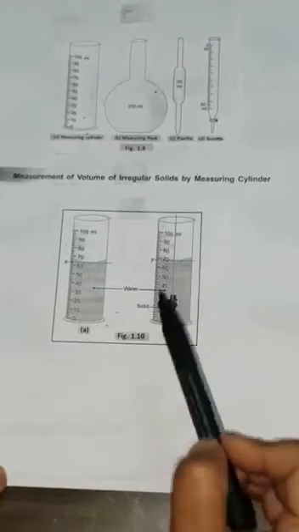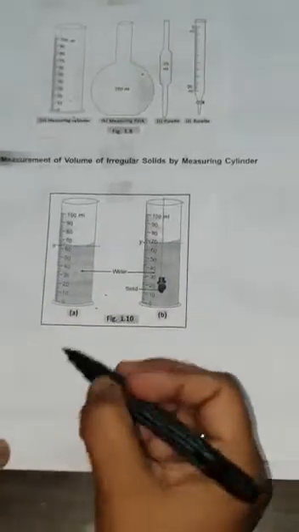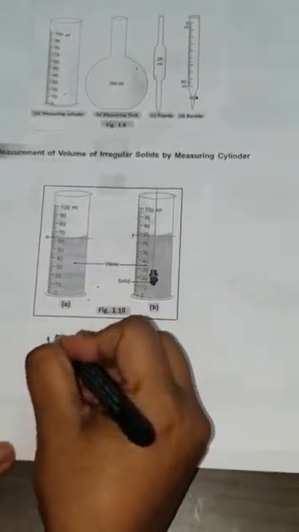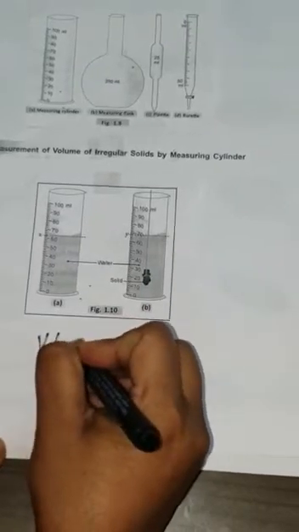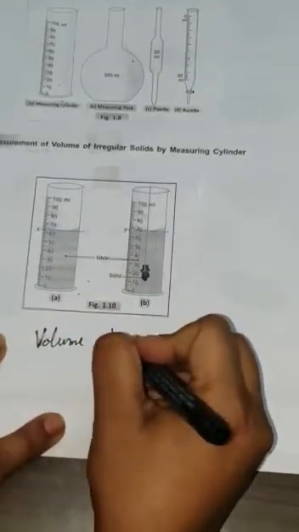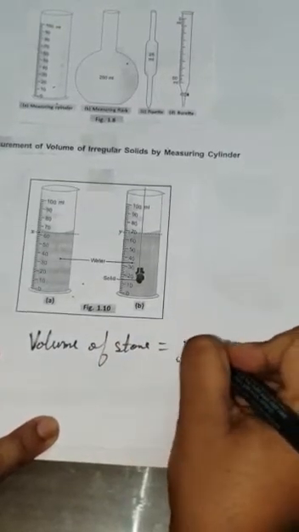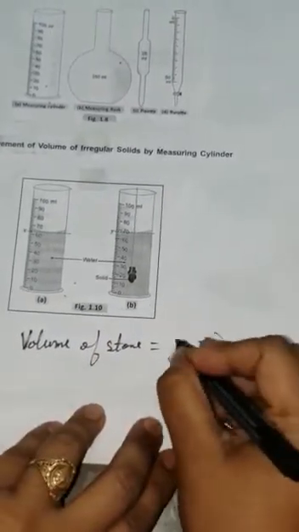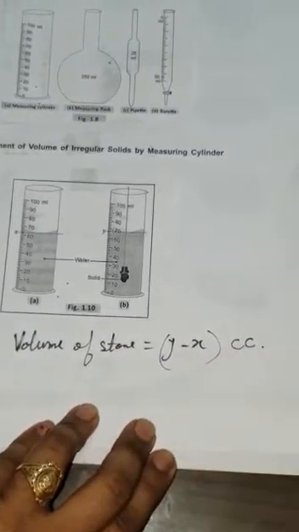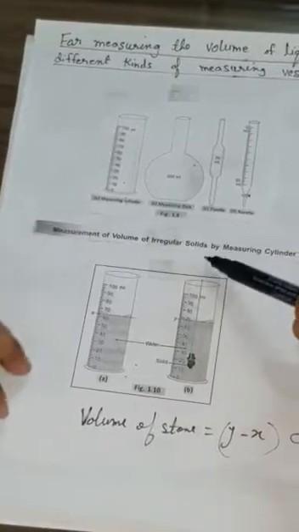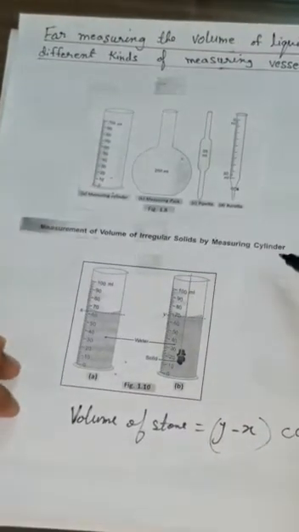So now the volume of the stone will come. How can you find it? You can find volume of stone is equal to Y minus X cc. Cc is the unit. So we can find the volume of irregular solids by measuring cylinder.